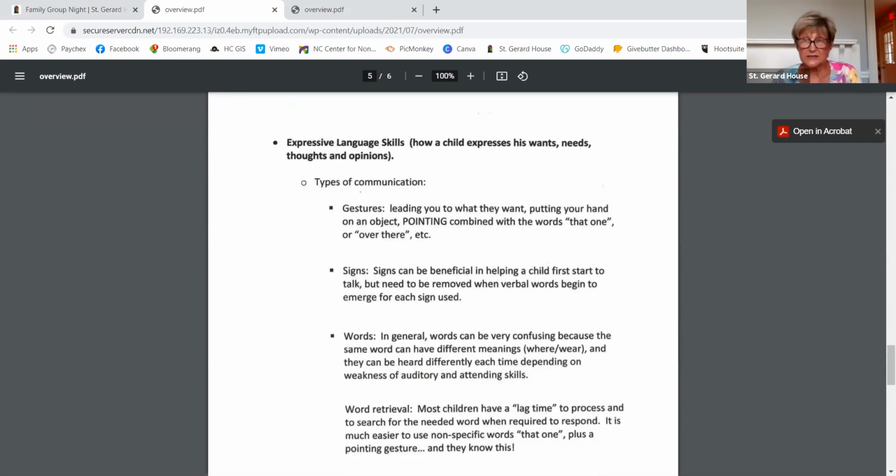So you will get daddy, you will get mommy, you will get ball, and then you will get daddy go or daddy bye-bye, throw ball, things like that. So that's a lot of times how our children will learn language, with the nouns first, then the verbs, and then color words, adjectives, and things like that.